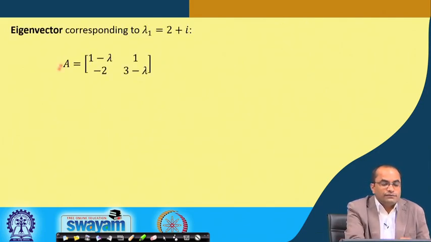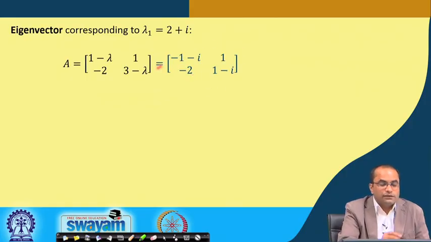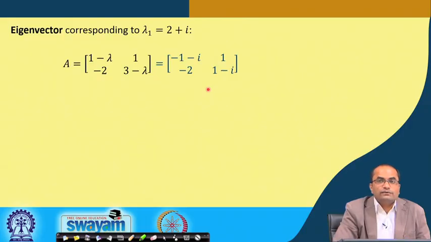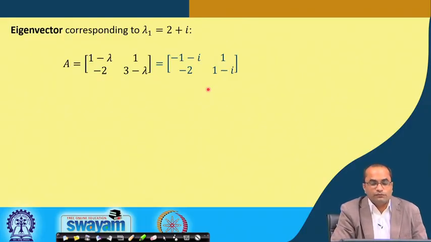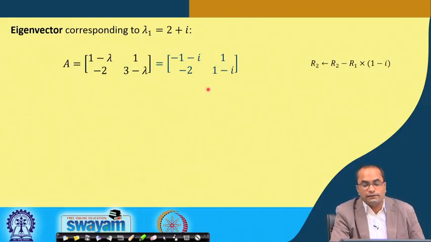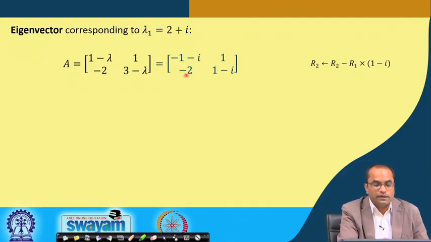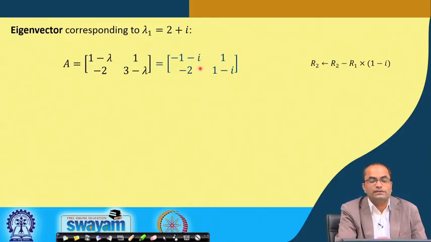Corresponding to this we have the coefficient matrix of this eigenvector equation, and now we will make the transformation that R2 will be R2 minus R1 multiplied by 1 minus i. So, if you multiply the first equation by 1 minus i and subtract it from equation number 2, what will we get?